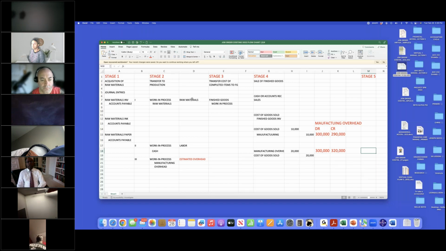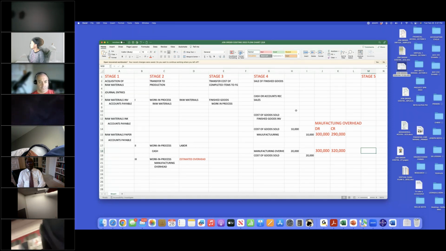Stage three is where we transfer the items to finished goods. It's just one journal entry. Stage four, we have several journal entries. We have to sell the goods. Typically, we'll do cash sales as a standard journal entry. And then we have to record how much the items cost. We estimate the overhead over here.